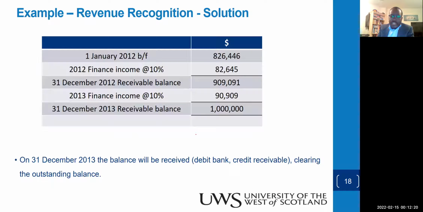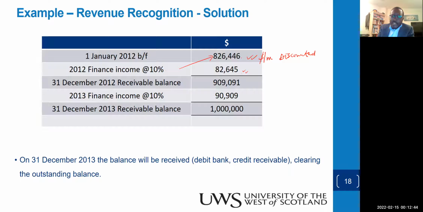So presented in this format, this is the figure we give to him. The 1 million discounted gives us this amount. Then we apply 10% interest on this, which gives us this. So in year 1, this is what he will pay as finance income.